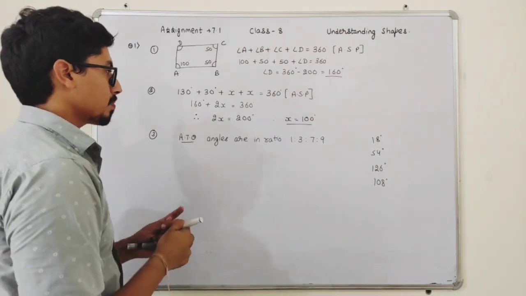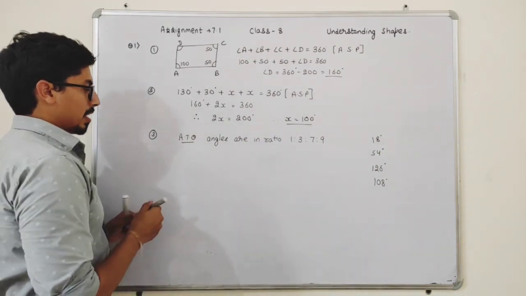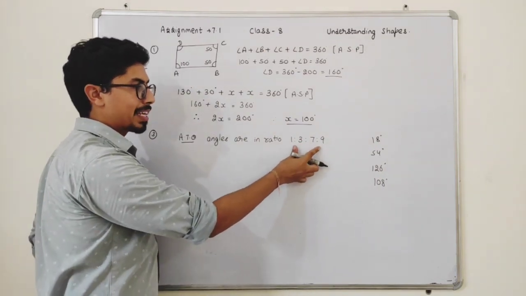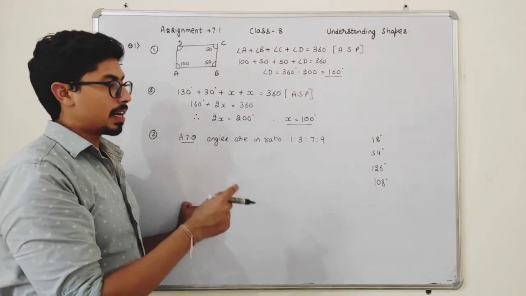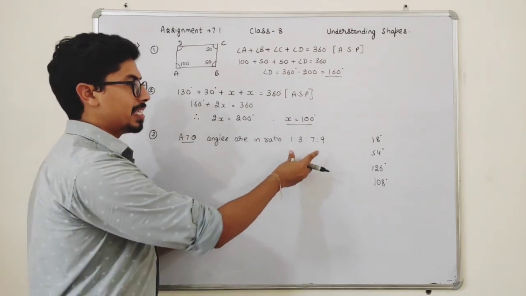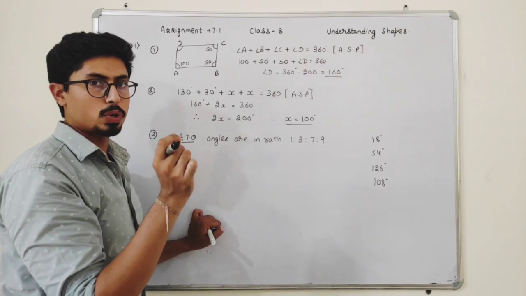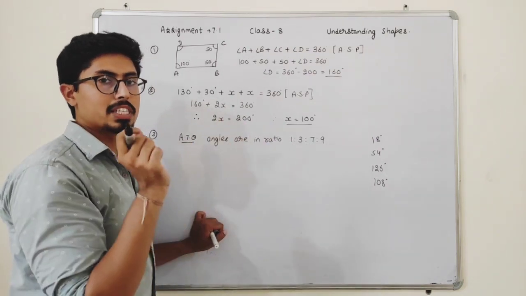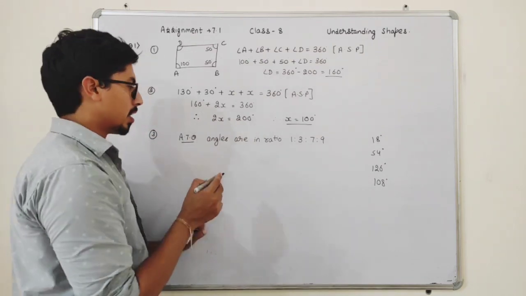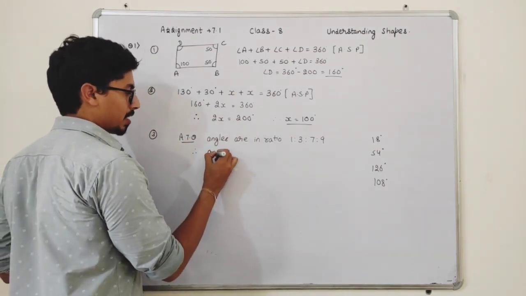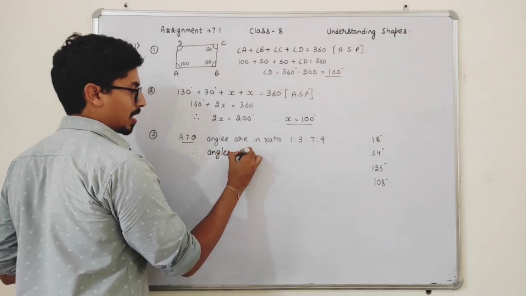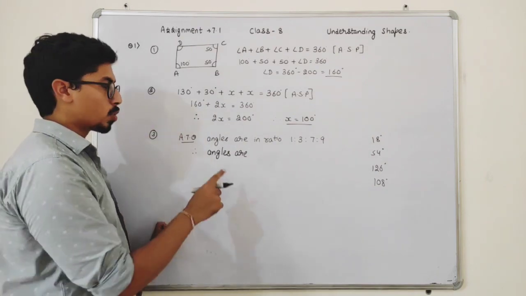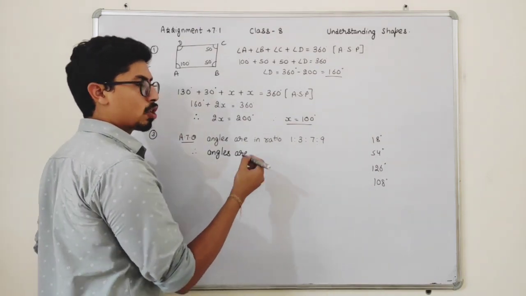See, students, these are the ratios of the angles. So first of all, let's make them angles. To convert a ratio into numbers, just multiply by any constant.